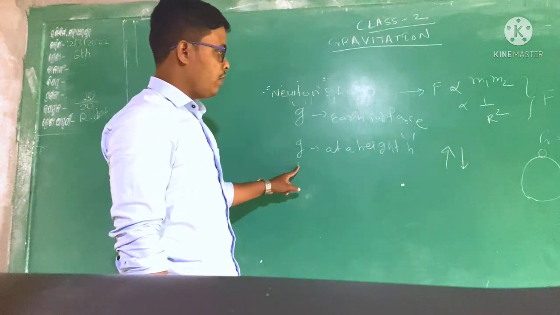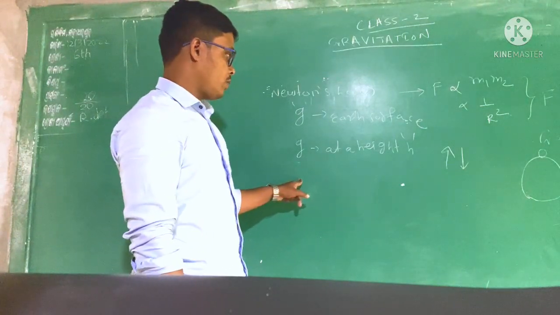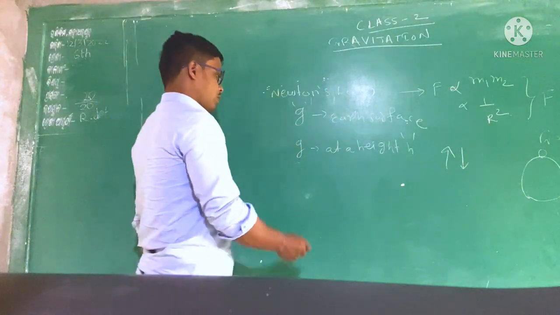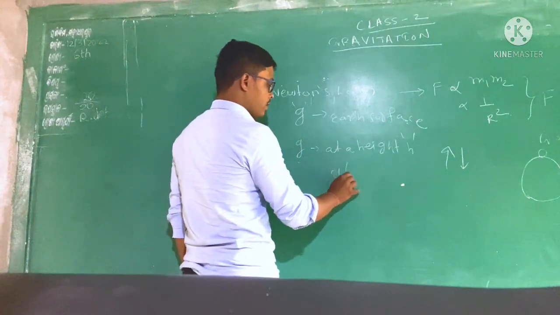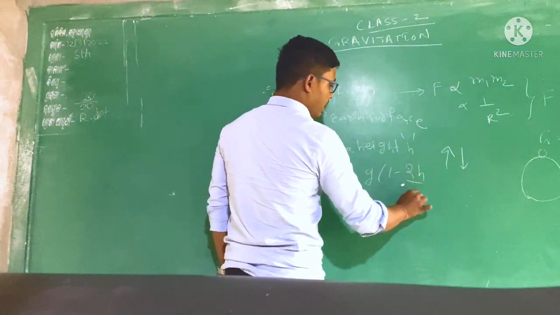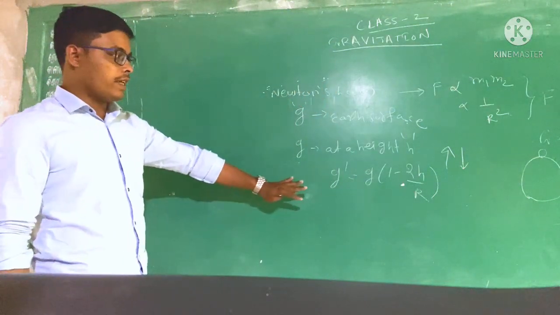And what is the value of acceleration due to gravity at a height h? So what will be the value of g at a height h, we also discussed that. So g dash is equal to g into (r minus 2h) by r. So what is r? R is the central distance between the objects.